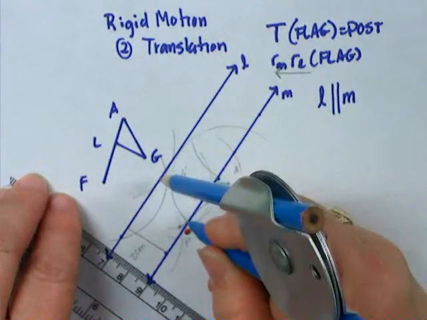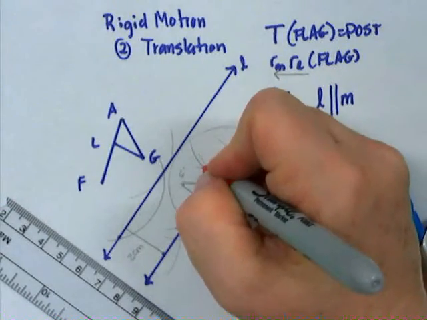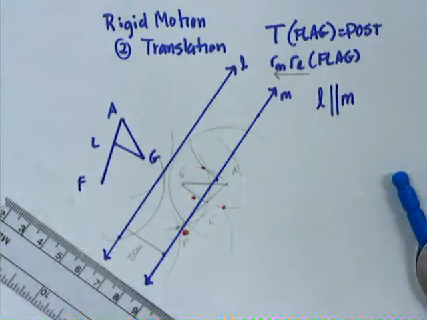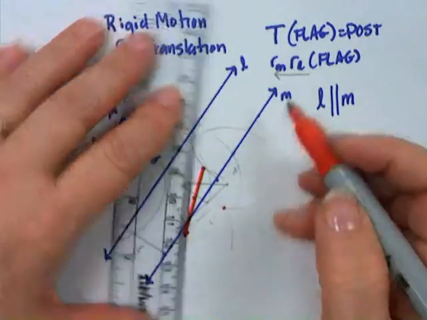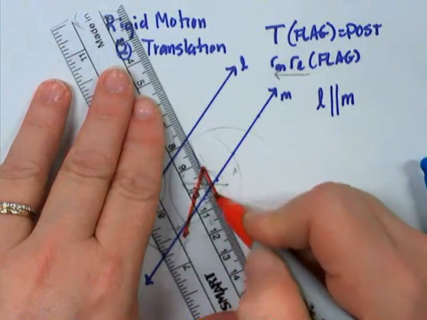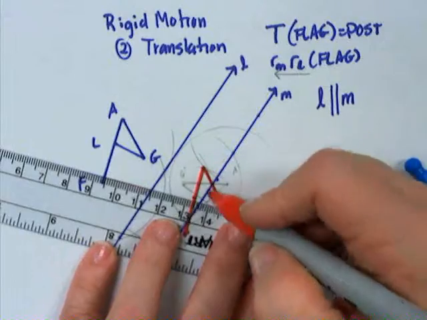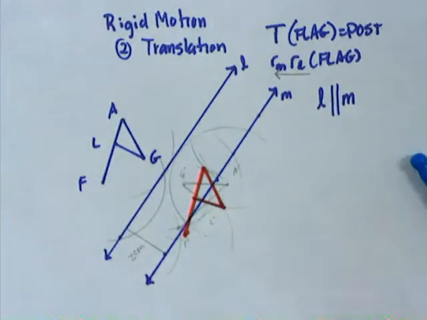A double prime is going to be right there. I'm going to line up the shape. And again, my marker's kind of fat. And that's my final image.